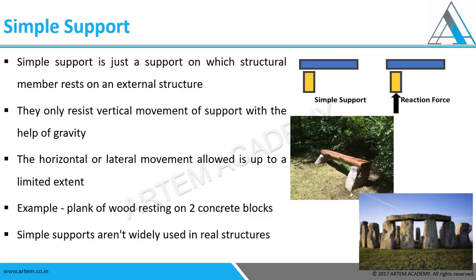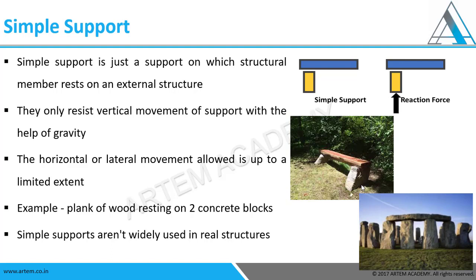Simply supported is just a support on which structural members rest on an external structure. The best example is a bench on stone, where only a span of wood is lying. So it will resist only vertical movement with the help of gravity. Lateral movement is allowed to a limited extent.